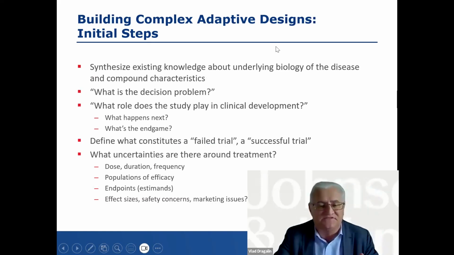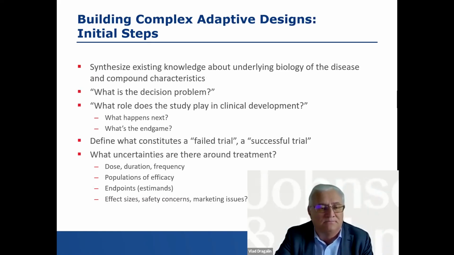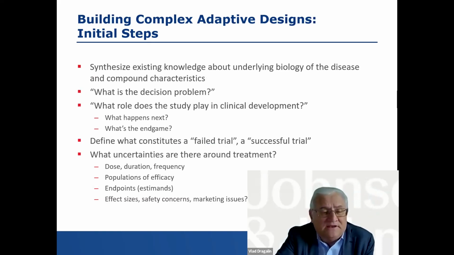Because if the design is very simple, let's say a two-arm parallel group design with one primary endpoint, the planning of that clinical trial will be very straightforward. You don't need simulation, because you can even analytically calculate what will be the power and maybe some other characteristics, type 1 error, and so on.